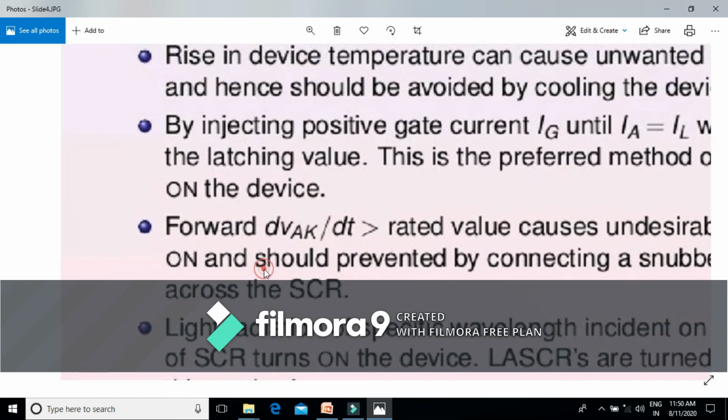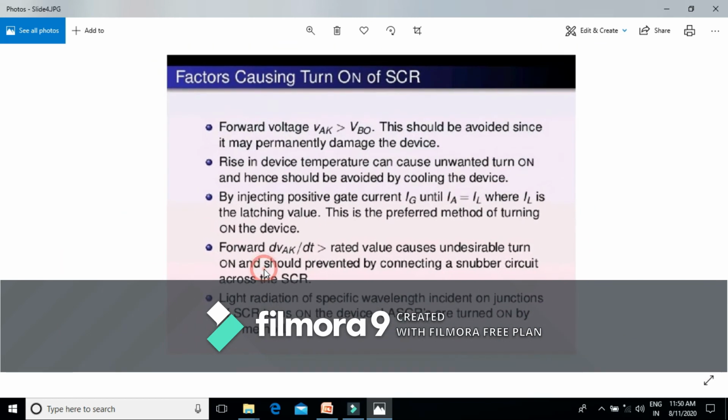Now, another method of triggering is dV by dt triggering. As we know, when the SCR is forward biased, junctions J1 and J3 are forward biased, and junction J2 is reverse biased. The whole forward voltage is across this junction J2, and it behaves like a capacitor C2 with the stored charge around this junction.